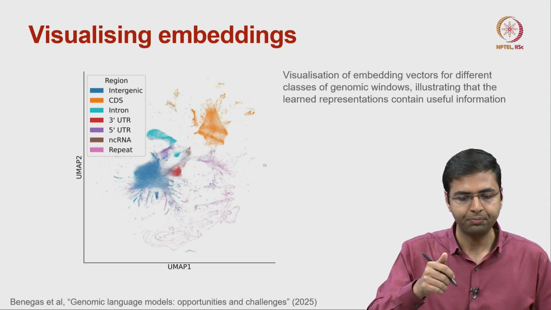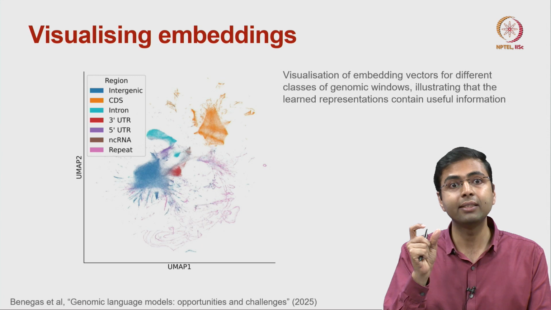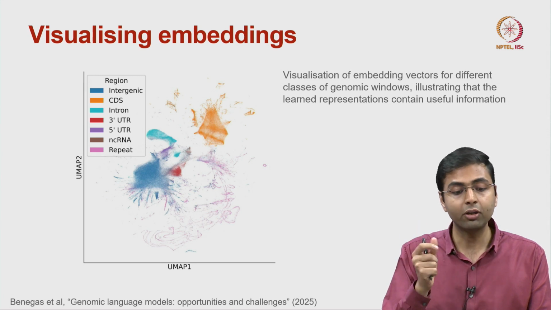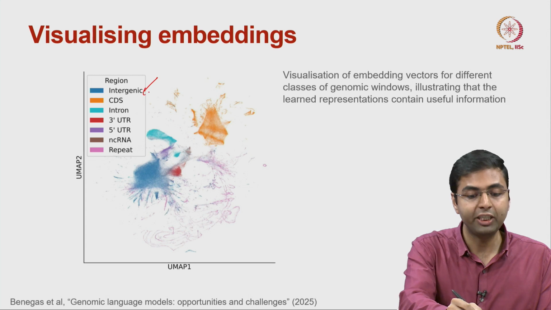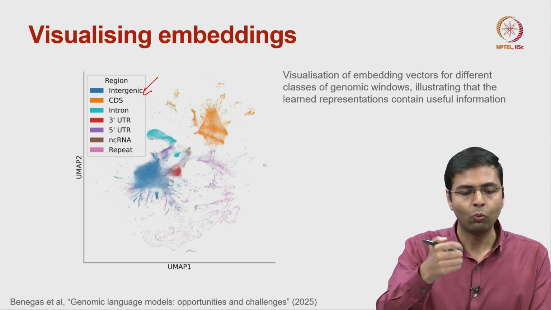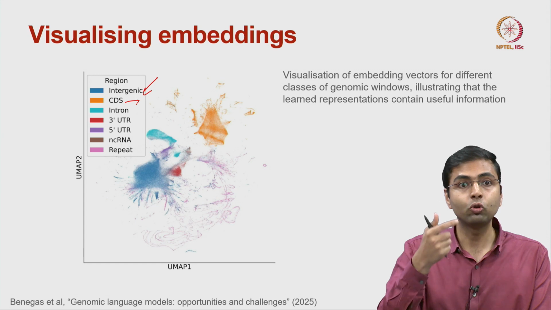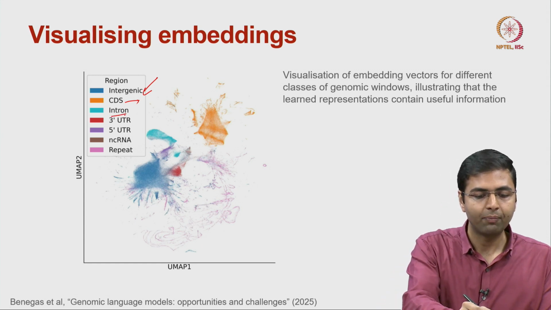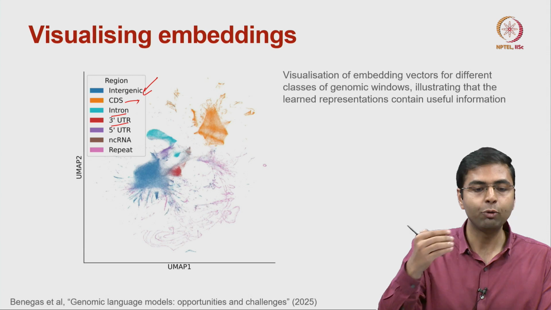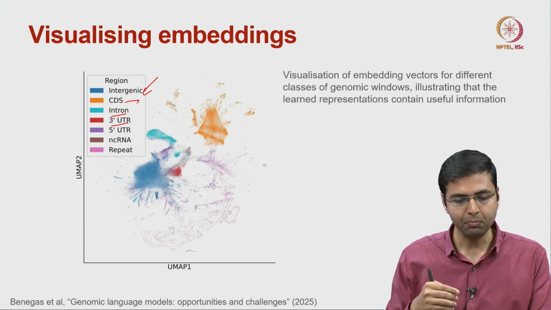So for example, what embeddings is the model learning for a region of the genome that is between the genes, that is intergenic region, versus a location of the genome which corresponds to coding sequence. Similarly, introns, 3' UTR, 5' UTR region, non-coding RNA, as well as repeats.